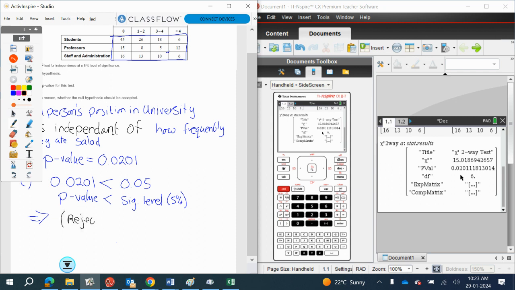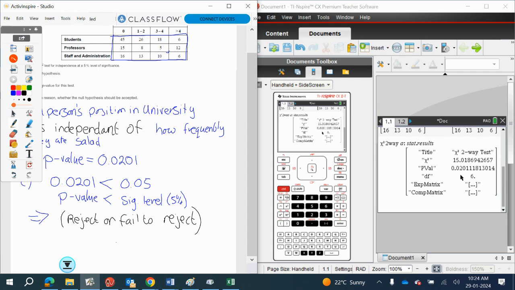You're either going to reject or fail to reject. With a null hypothesis, you either reject or you fail to reject.